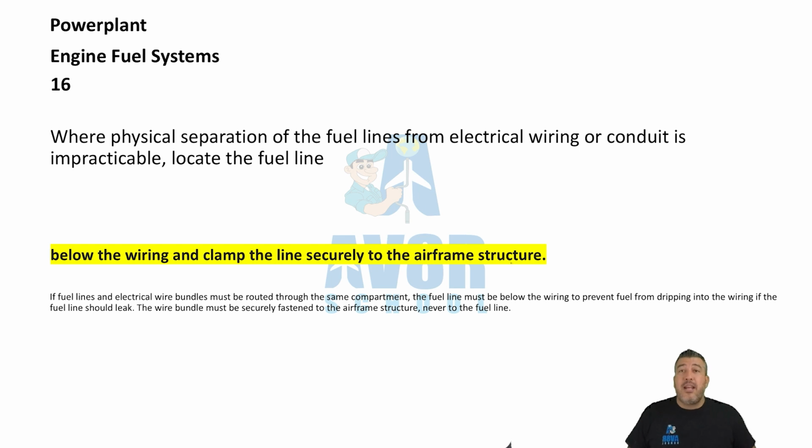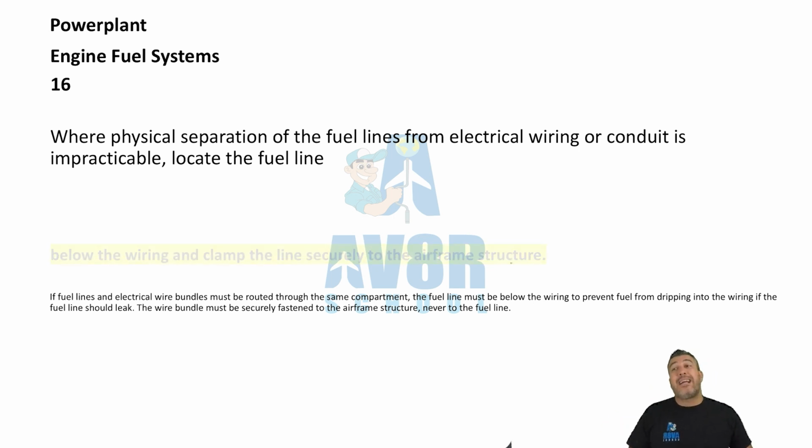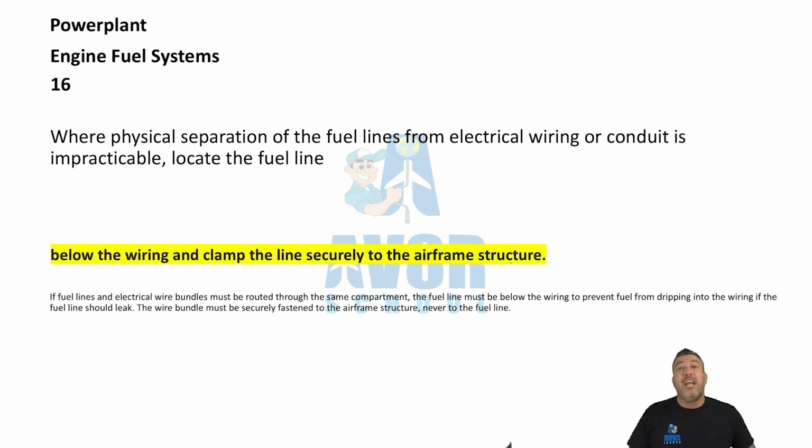Where are you going to run electrical wires? If you have to run them parallel next to fuel lines, above the fuel line. So your fuel lines are always going to be on the bottom, below the wiring, and clamped securely to the airframe structure. You don't want to clamp them to the wiring, clamp it to the airframe structure. These are common sense questions, but you're going to see them again.